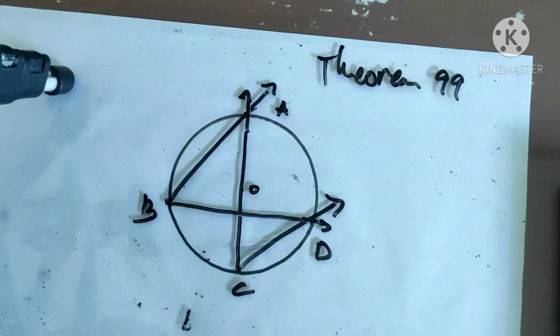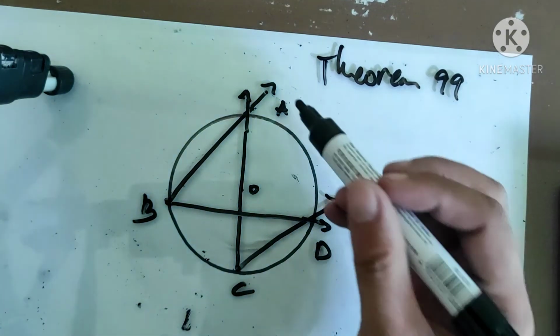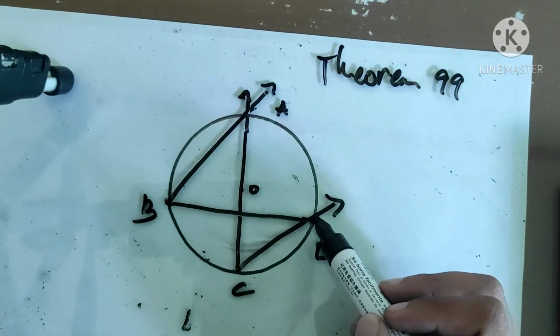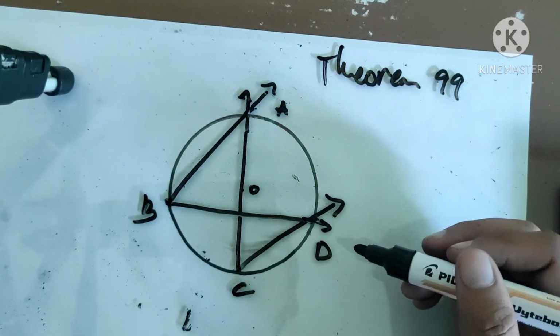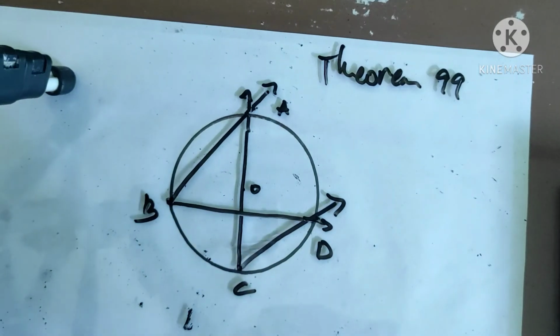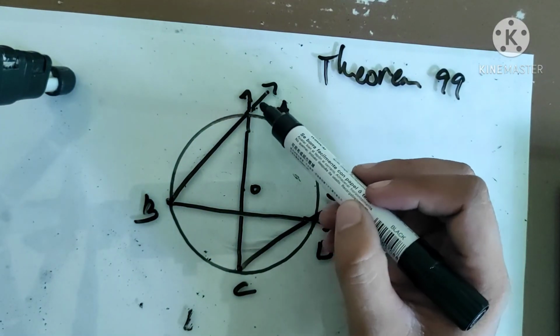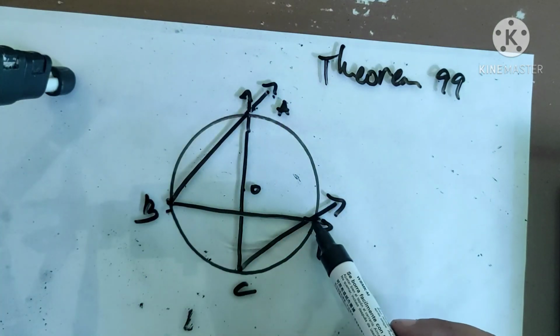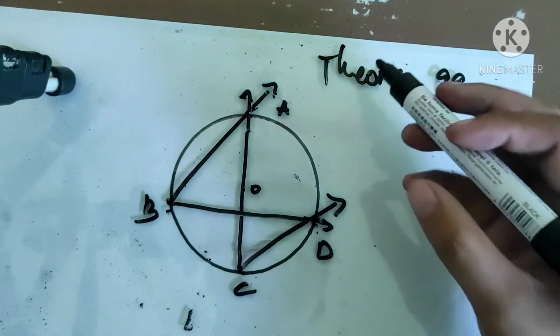So meaning, yung dalawang angle or more than two angles na nasa isang intercepted arc is congruent. So meaning, equal yung kanilang degree value or angle measure. So for example, ito si angle ABD is congruent kay angle ACD.